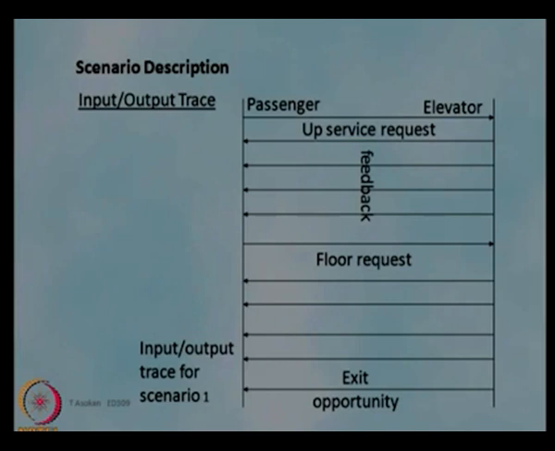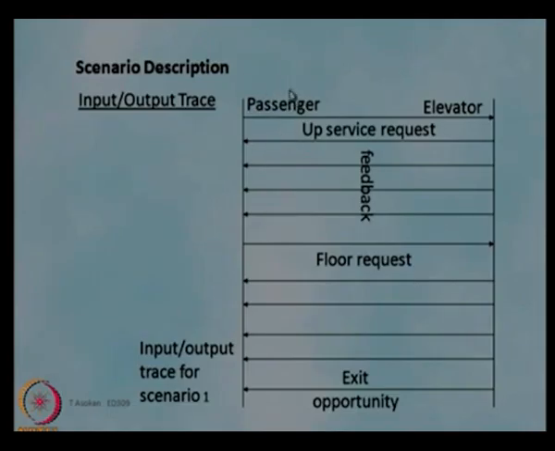To describe the scenario, we can use a method called input output trace. Here the input output trace basically gives a pictorial representation of the scenarios. The vertical lines represent the interacting people, the passenger and the elevator, or the system components, the system or the external system, and the horizontal arrows represent the communication between the system and the external system.